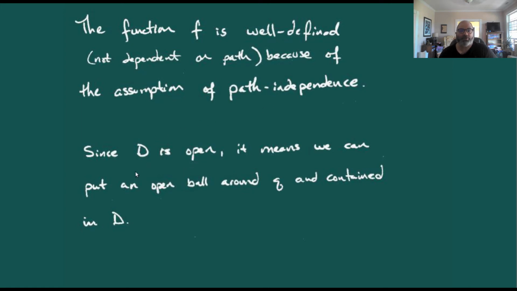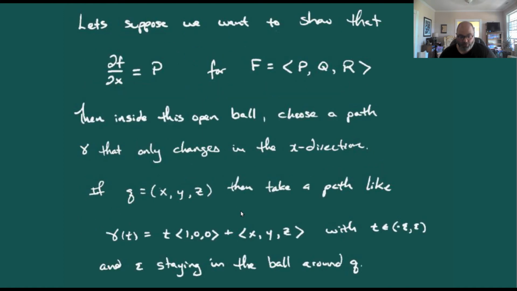Since D is open, it means that we can put a little open ball around this point Q and keep that thing inside D. That little open ball is going to be important because if we want to show that the partial of this function with respect to x is our first component, then inside this little ball, we want to choose a path gamma that only changes in the x direction.